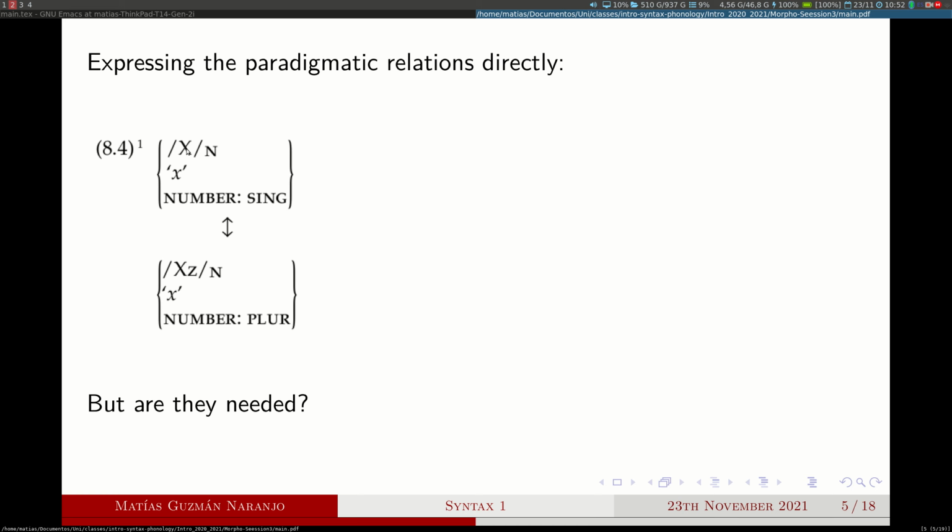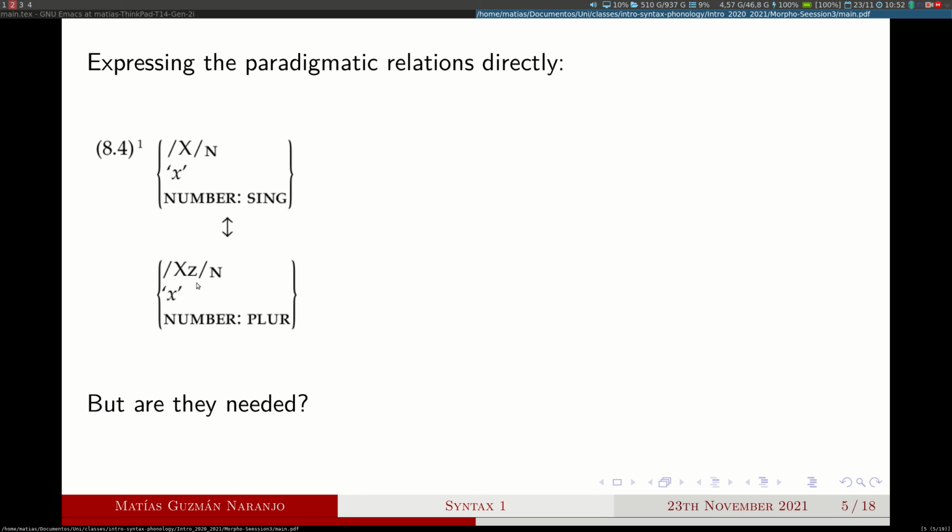It's making a relation that it has the meaning of x, and you can set it up in a paradigmatic relation with a corresponding form which is the same as the phonology here on the top, plus a z at the end.